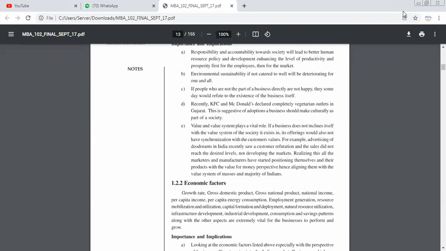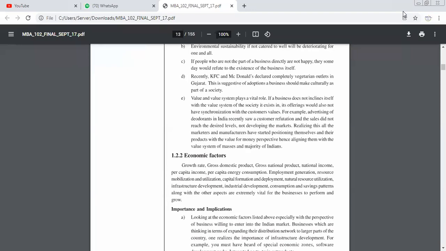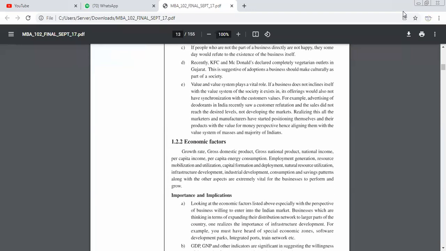Now over here you can see the growth rate, the gross domestic product, the national income, per capita energy consumption. All these things depend upon the business sectors. Okay, now see, any company you can take, they are helping our GDP to grow.